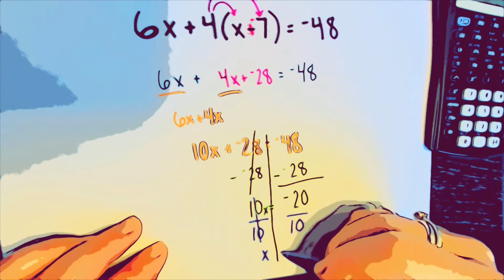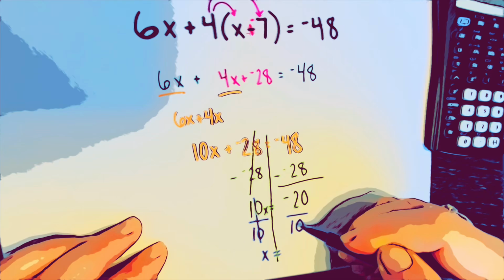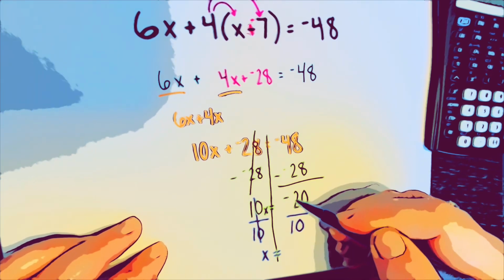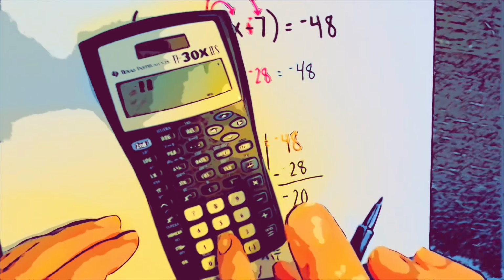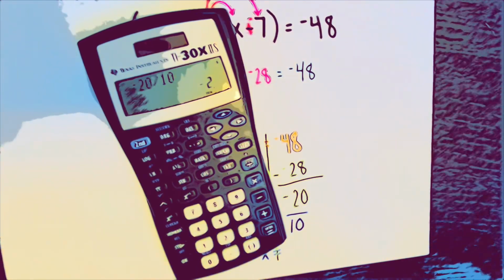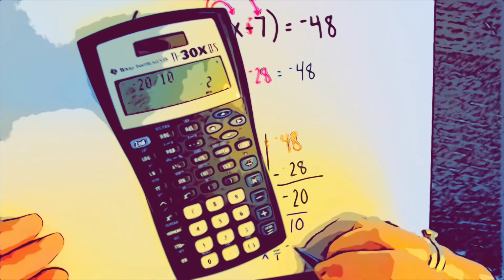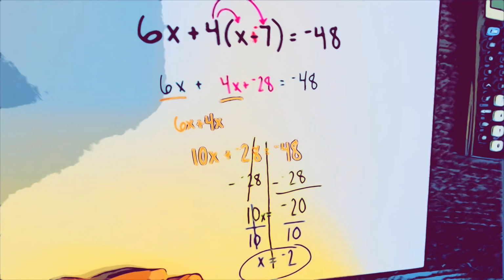It leaves me alone with an x. And then I have my calculator, because negative divided by a positive is... -20 divided by 10. Oh, wait, negative divided by positive, negative. There we go, -2. X is equal to -2.